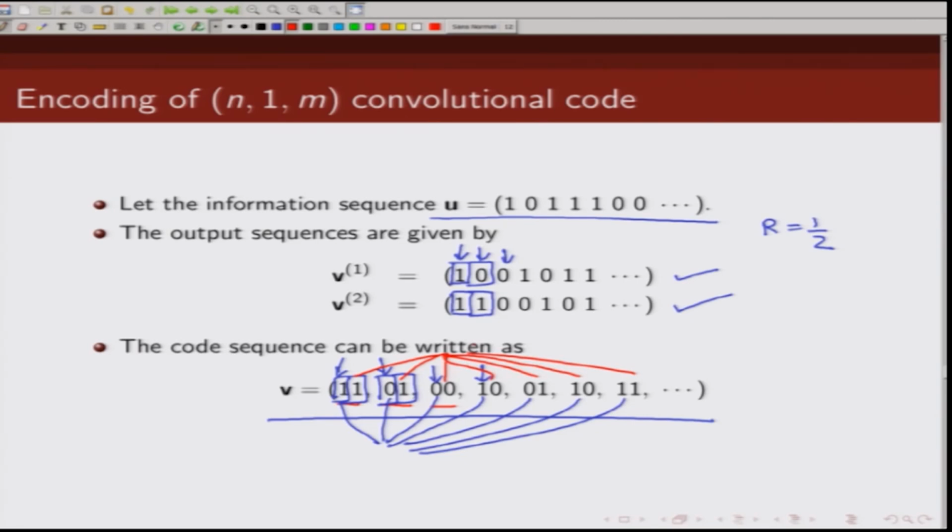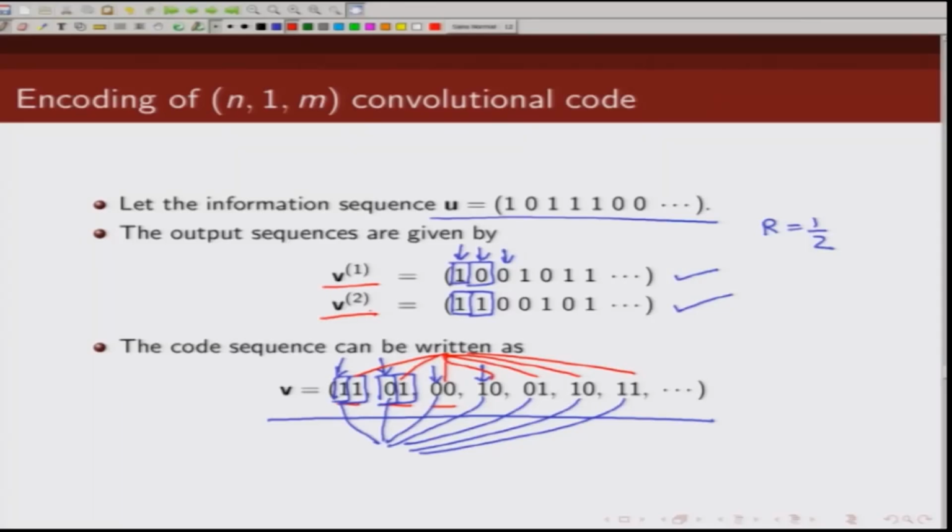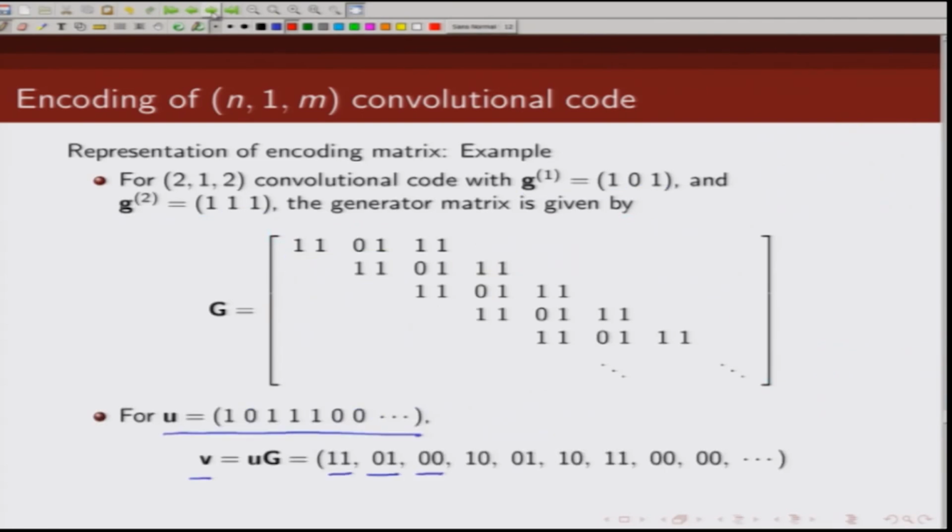When you are combining these output sequences, V1 and V2, you are taking V1 as it is, only it is spread out after every second bit, and V2 is delayed by 1 and is also spread out. This 1 is appearing here, this 0 is appearing here, this 0 is appearing here. So every second bit is also from this encoded sequence, and note that this is delayed by 1 corresponding to V1. So that is what we are doing here.